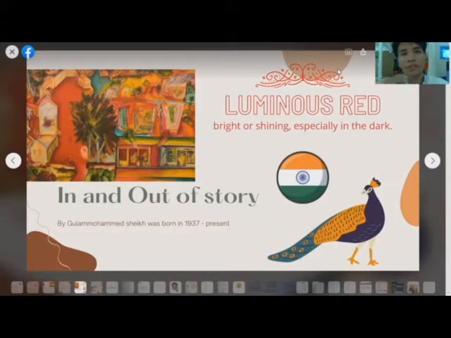In and Out of Story is a distortion of a birthplace created by Ghulam Mohammad Sheikh, who was born in 1937 and now he is 83 years old. I love this piece because it still reflects the way of life of the people in the community. But I think there is way too much that makes this community look unbalanced.